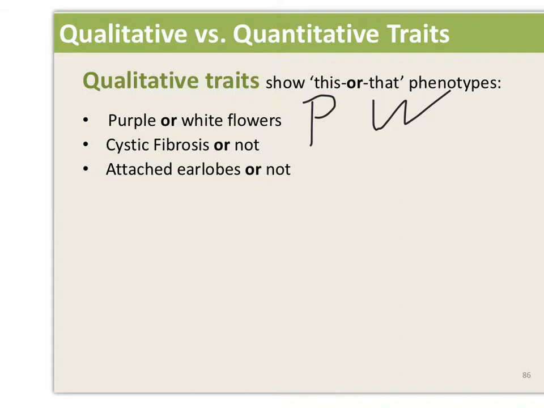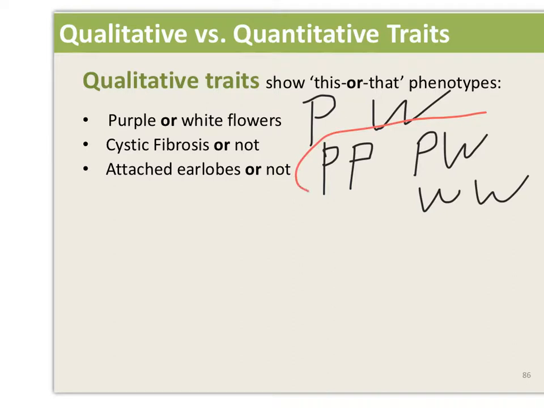And then, if we're homozygous purple, then it's PP. Heterozygote, it'll be PW. And homozygous white, WW. If purple is in fact dominant, then PP or PW will both show purple flowers, and only WW will show white.